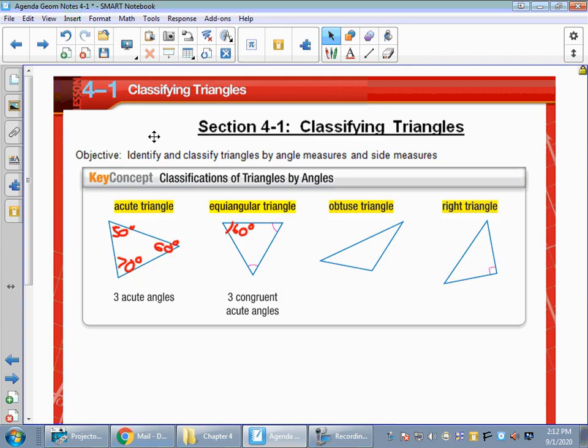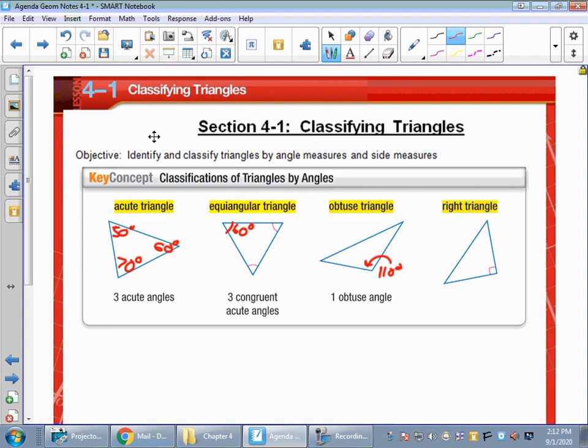An obtuse triangle is going to have 1 obtuse angle. One obtuse angle will be your description. For your picture, you can draw this very similar to this, but this wide angle here is going to be 110 degrees. Make sure it's something that's over 90 degrees.